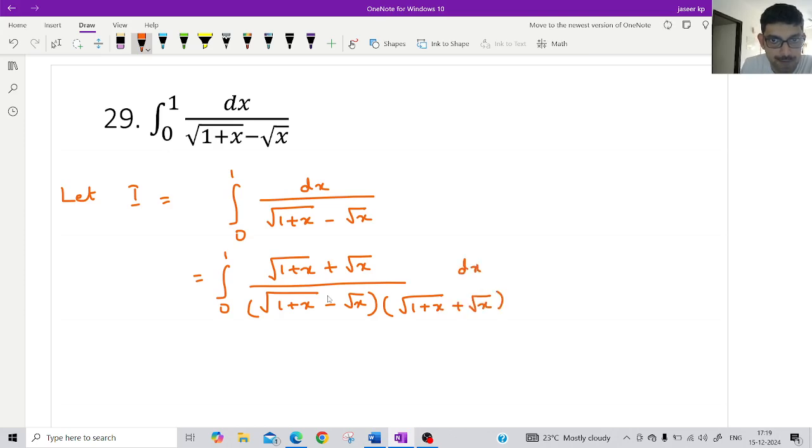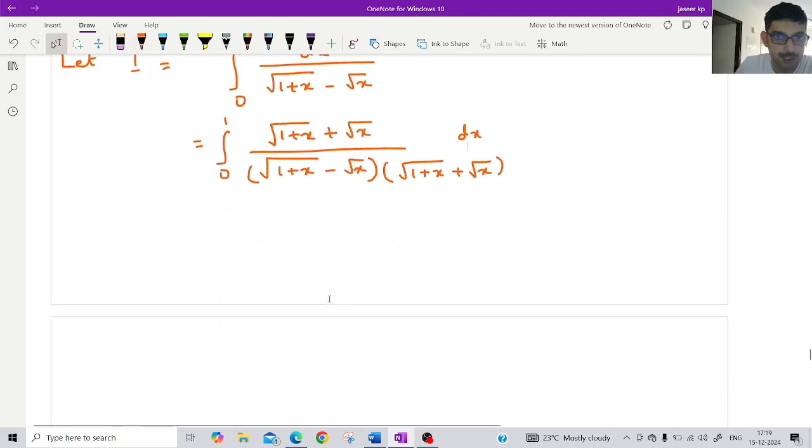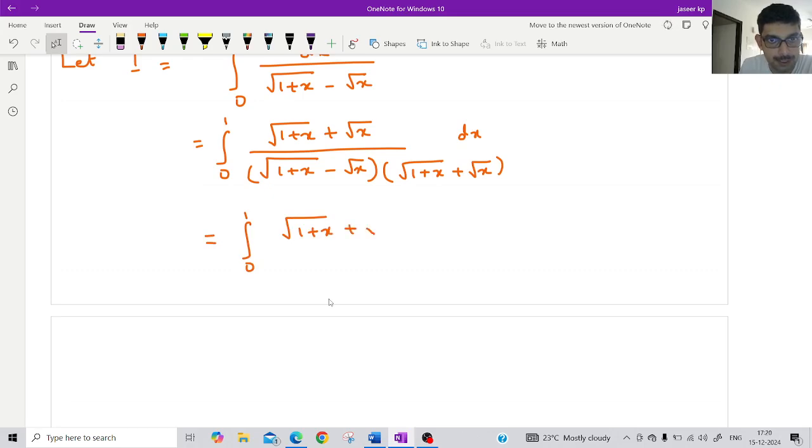Now simplifying the denominator using a plus b into a minus b, it can be written as 0 to 1 root of 1 plus x plus root x, that is the numerator, divided by 1 plus x minus x. So that will come as 1. So eventually it will become root of 1 plus x plus root x dx.